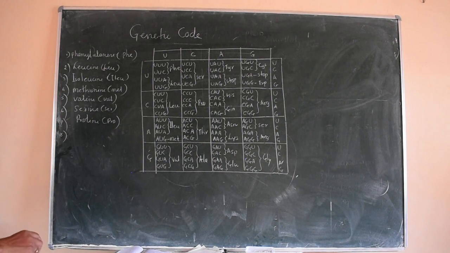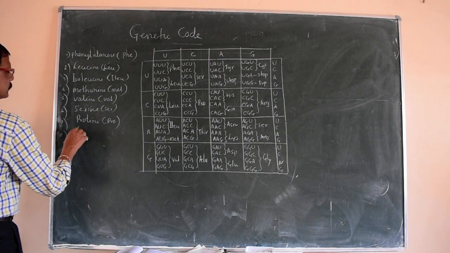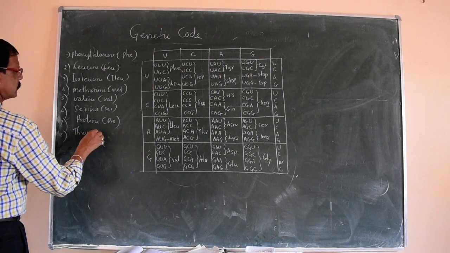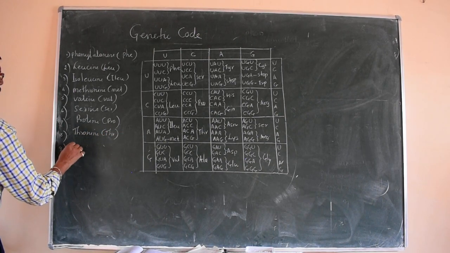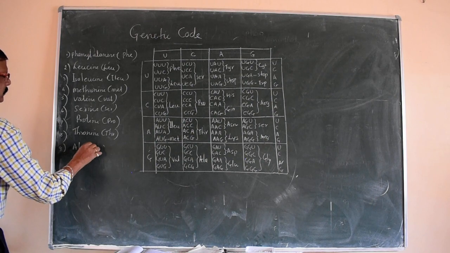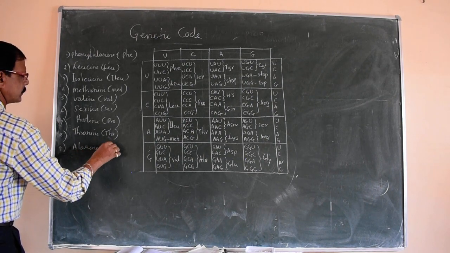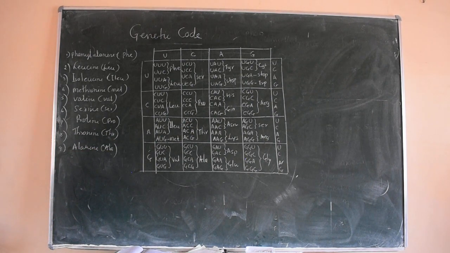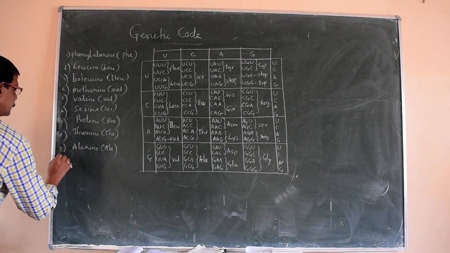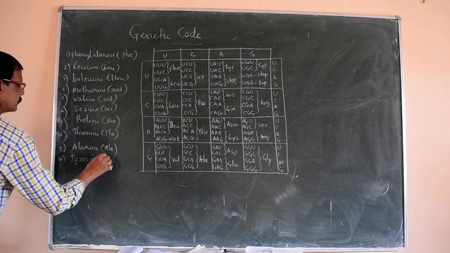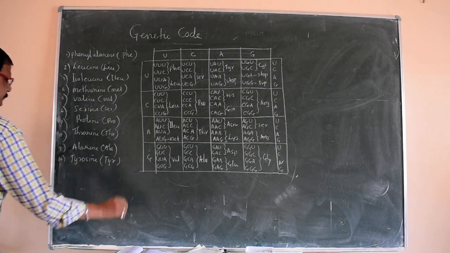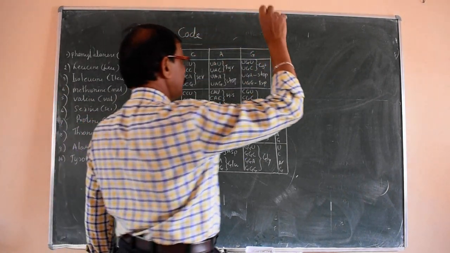The eighth is threonine, THR. The ninth is alanine, ALA. The tenth is tyrosine, TYR.